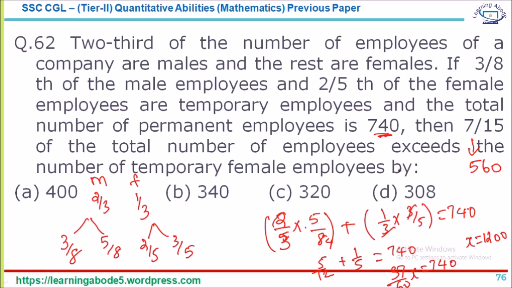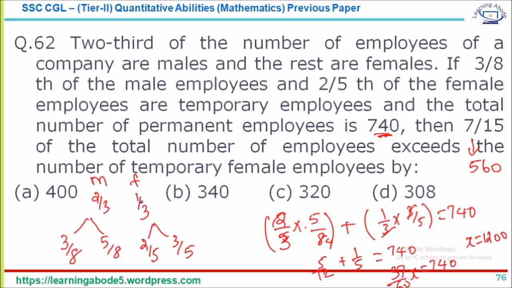Now we need the number of temporary female employees. 1/3 is like 400, so 400 is the female out of 1200.